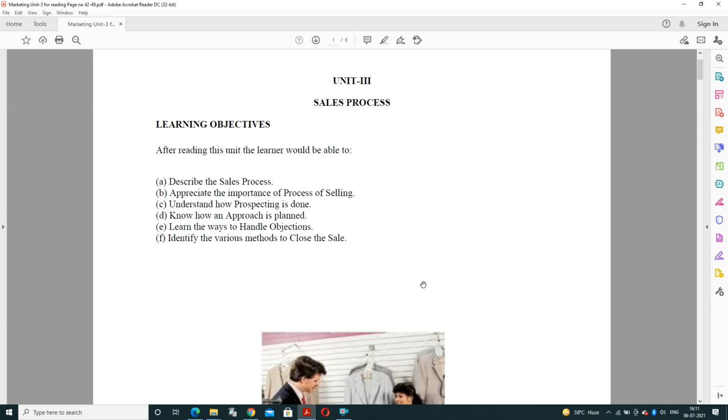Now, one question arises: what is the benefit of reading this unit? What will we learn from this unit?